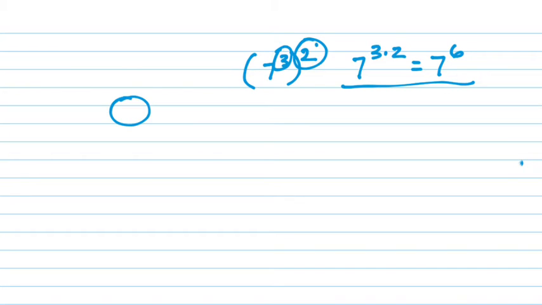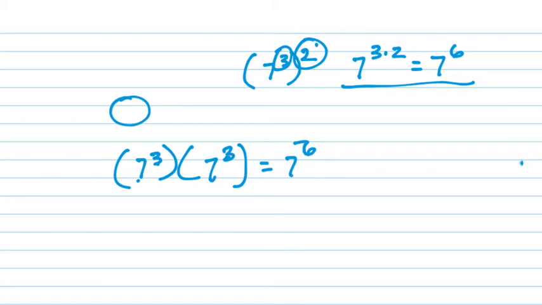Remember that the base of the exponent is the thing that it's touching. And so the base of the exponent is the entire bracket. So what that means is to take the entire bracket times itself, right? And 7 to the 3rd times 7 to the 3rd would be 7 to the 3 plus 3, or 7 to the 6. Don't multiply the 7s because they're the base. Remember, it's keep the base and add the exponent.